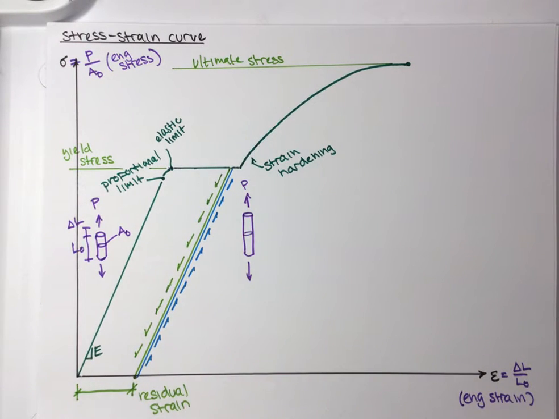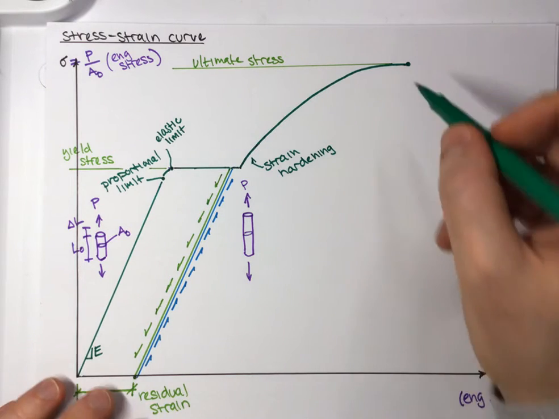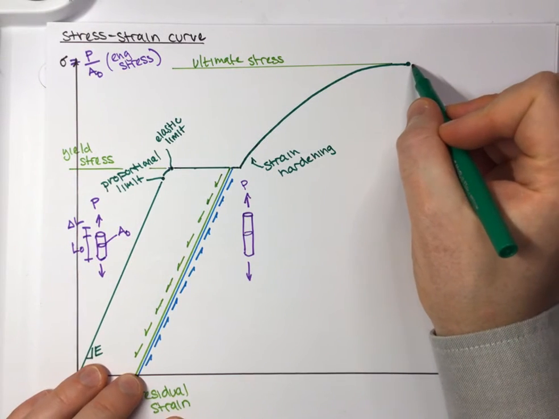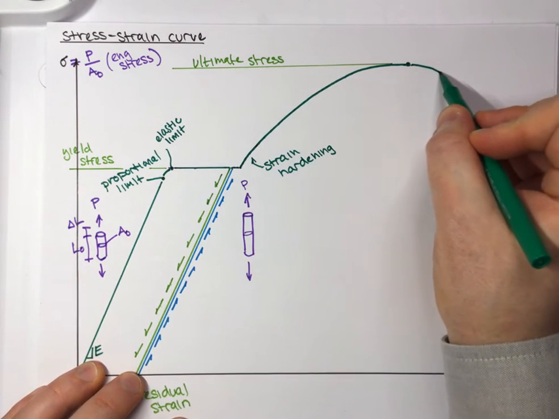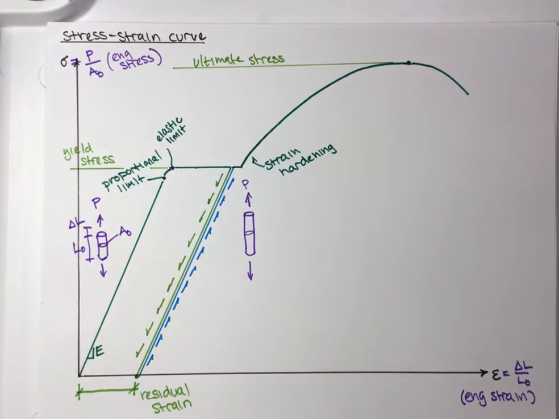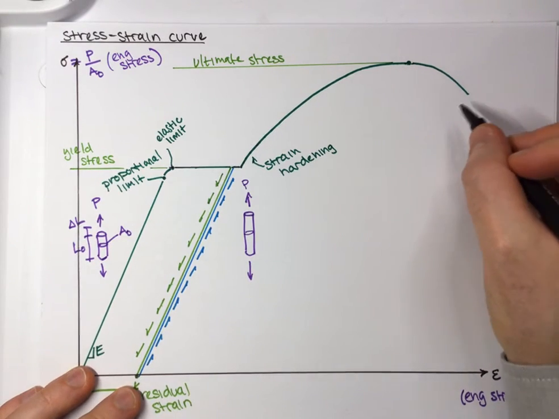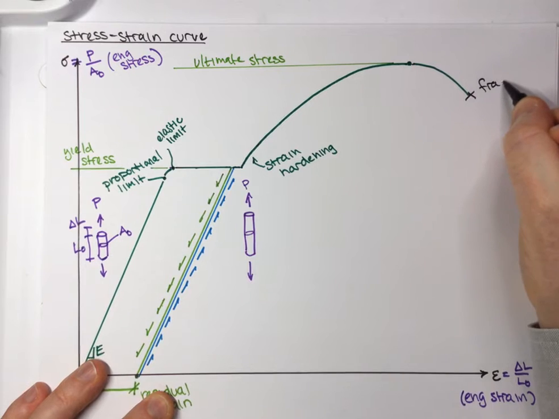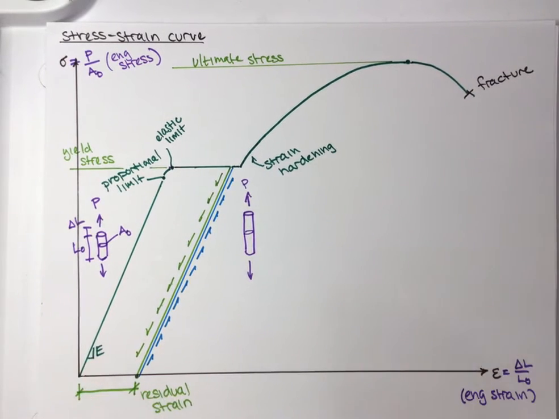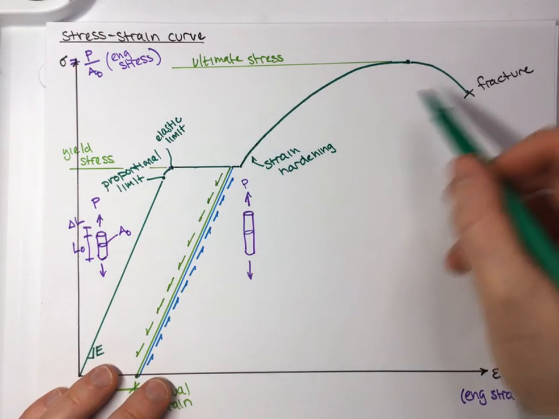Now, something very curious happens after the ultimate stress, and that is the stress for increasing strain starts to come back down. And then it starts to fail, and eventually it fractures. So that right there is going to be fracture. And that seems rather strange.